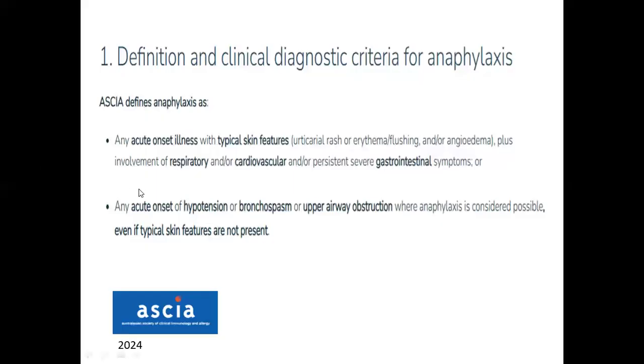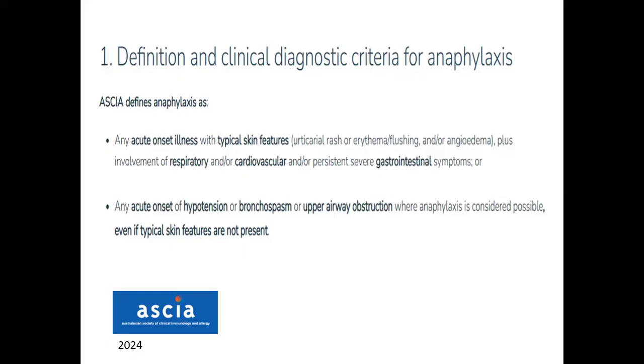The second part of the definition is any acute onset hypotension, any acute bronchospasm, any acute upper airway obstruction in the setting where you suspect anaphylaxis, which is also taken as anaphylaxis.